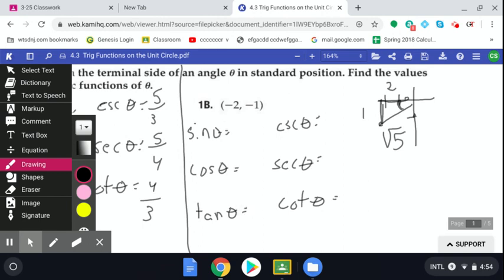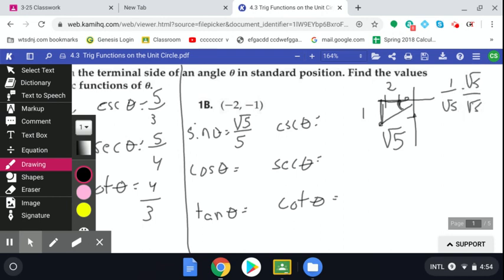Okay. Now it should be easy. Just make sure you rationalize. So sine is opposite over hypotenuse. So that would be 1 over square root of 5. But when you rationalize, you get radical 5 over 5. Right? Because think about it. 1 over square root of 5, you have to multiply both by square root of 5.